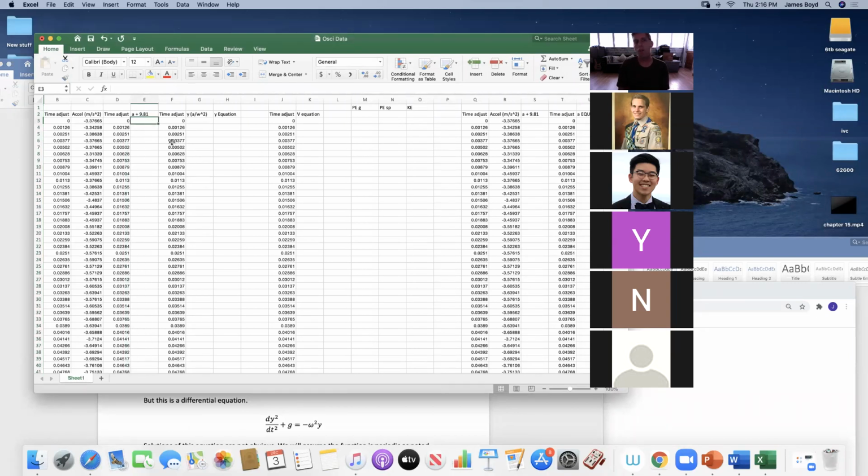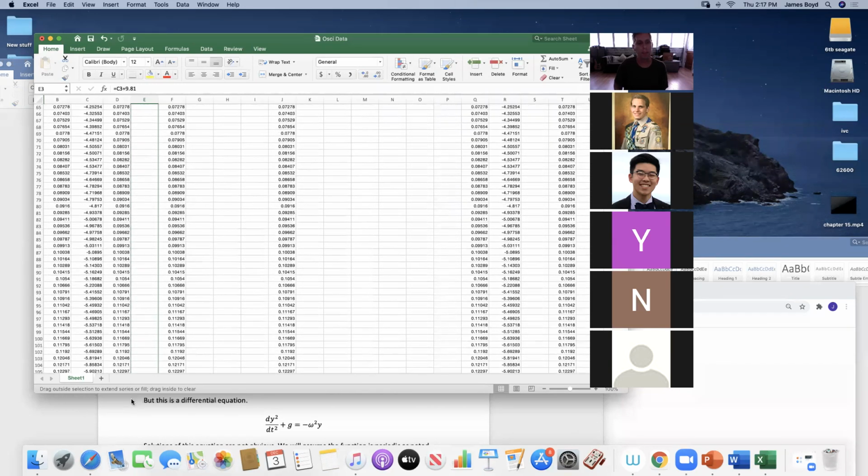So here in column E, all you have to do is hit equals C plus 9.81. And what that's going to actually do is it's going to rescale our acceleration. And you'll see that in a second. Once you do that in Excel, you can just drag down and it will fill in all the data.